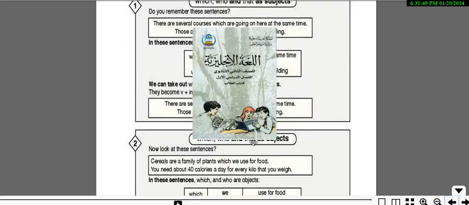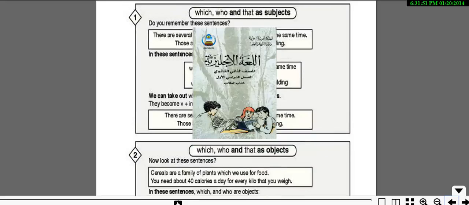But in the first part where we used it as a subject, as you can see here, there are several courses. Okay, that's a sentence that can stand on its own, but which are going on here at the same time is not a full sentence that can stand on its own. For example, those are the trainees who study in the building. Even if you remove who, you cannot just say studying in the building as a separate sentence or a separate clause.